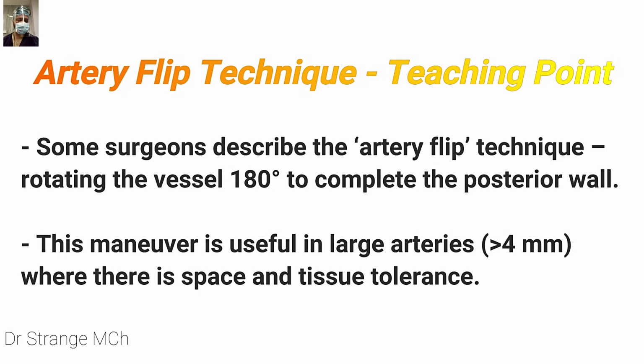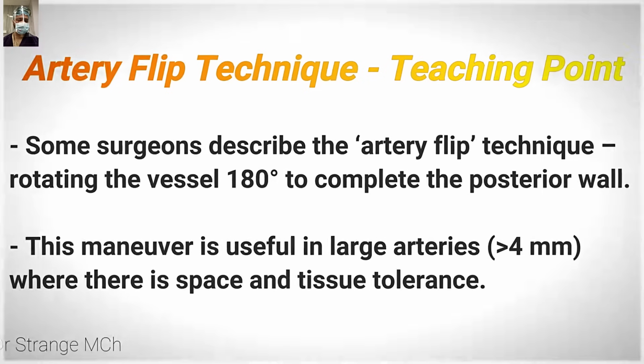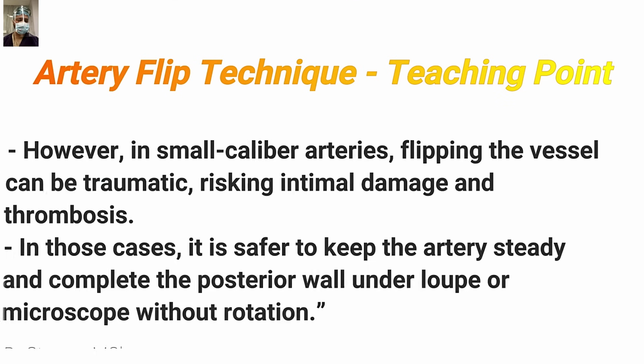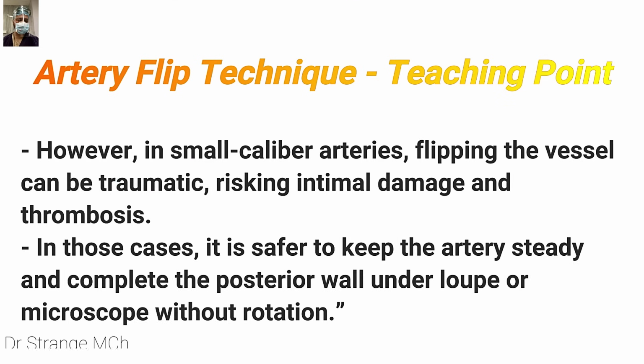This is employed when the artery is larger, more than 4 mm, and when there is space and tissue tolerance. The disadvantage of this technique is that you cannot use it in smaller vessels. It can lead to trauma and intimal damage. So it should be used only in difficult situations, when you are finding it difficult to anastomose the posterior wall.